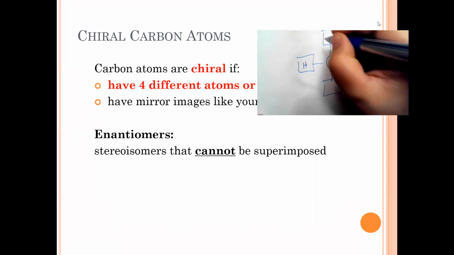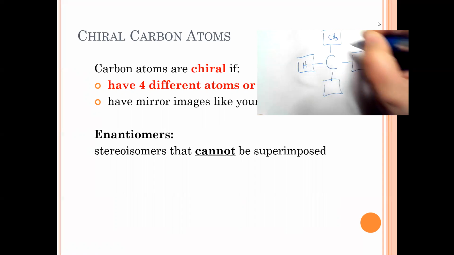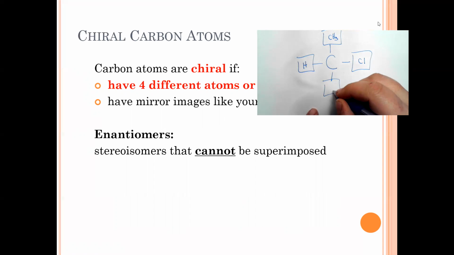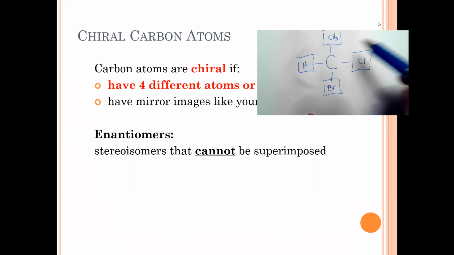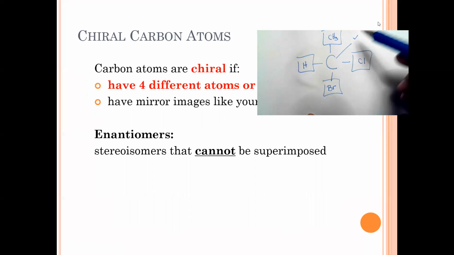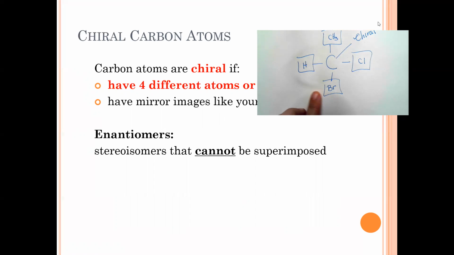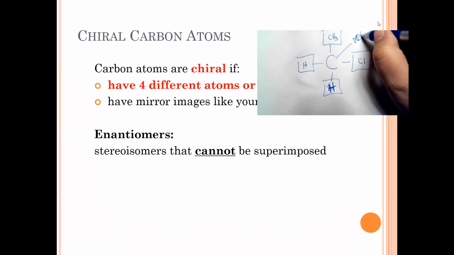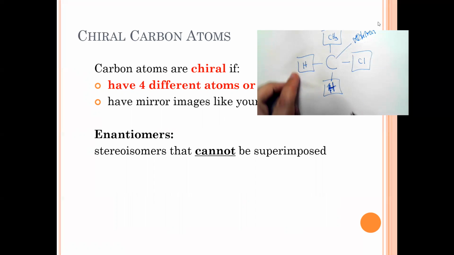One could be a hydrogen, one could be a methyl, one could be a Cl, and say the other is a Br. As long as these 4 groups are different, this is considered chiral. If I have 2 that are the same and say this turned into a hydrogen now, this would no longer be chiral. It would be considered achiral. So we need 4 different groups to be considered chiral.